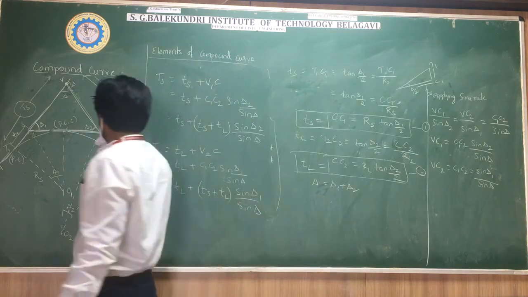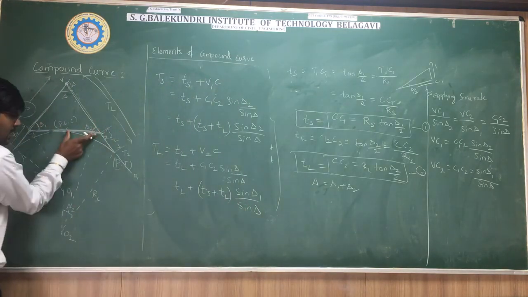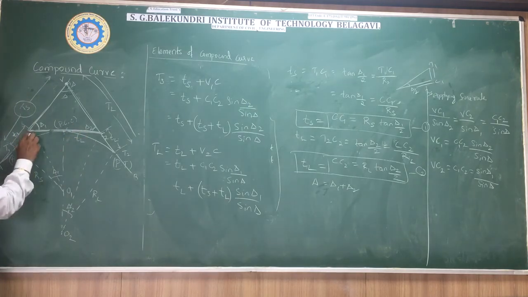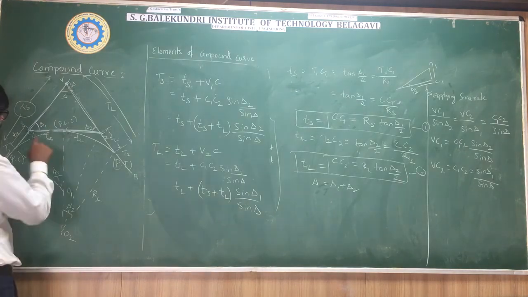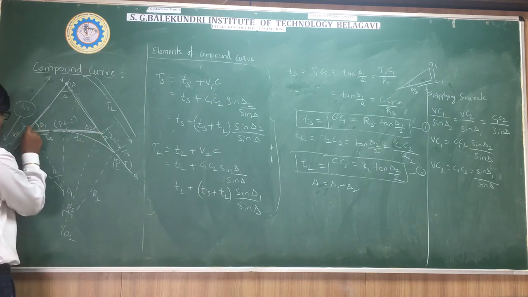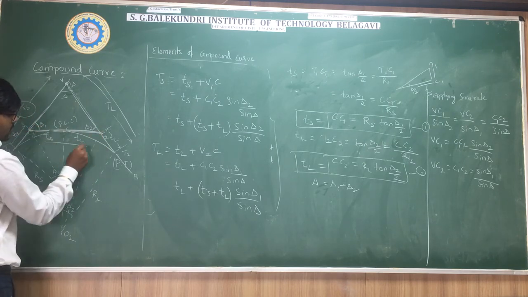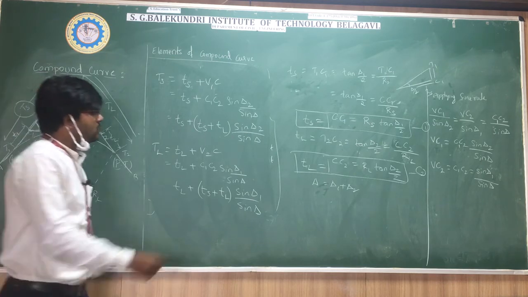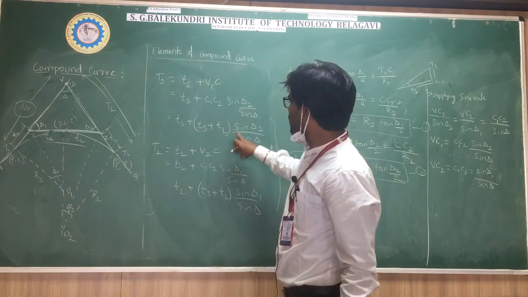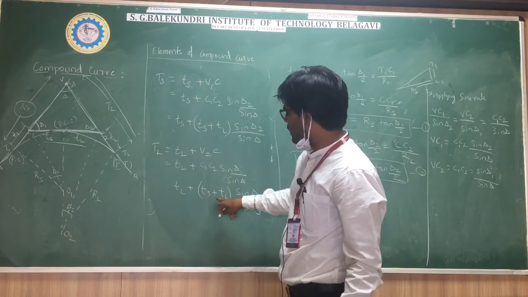So, C1C distance is TS, C to C2 distance is TL. So, C1 to C2 is the addition of TS and TL. So, in place of C1 C2 I have written TS plus TL.